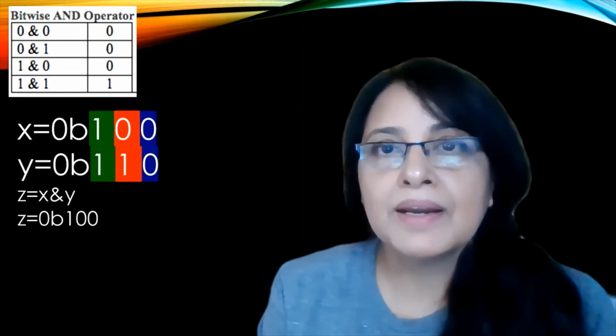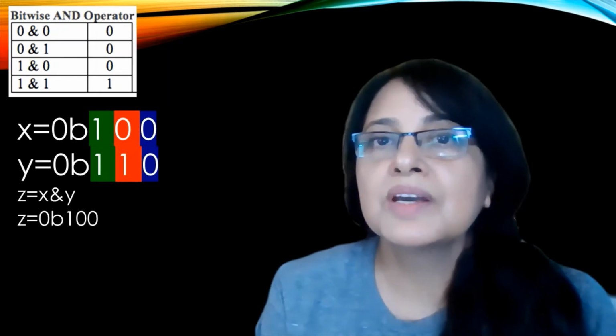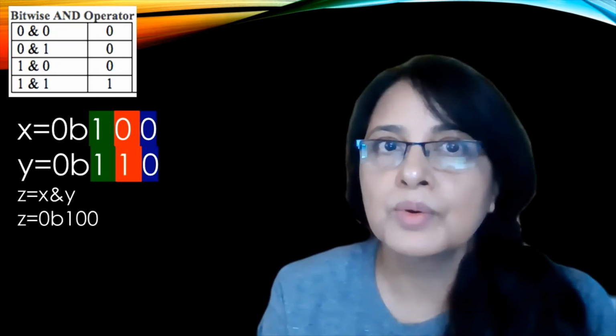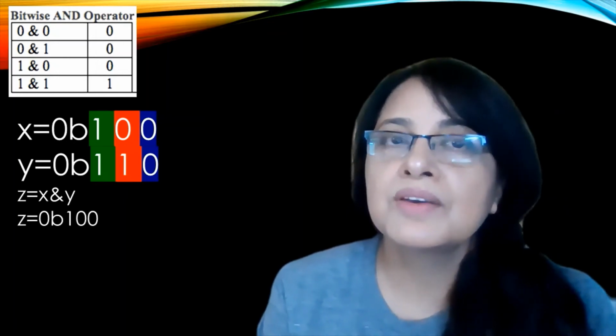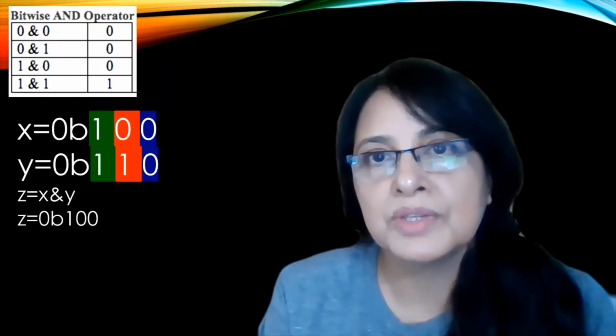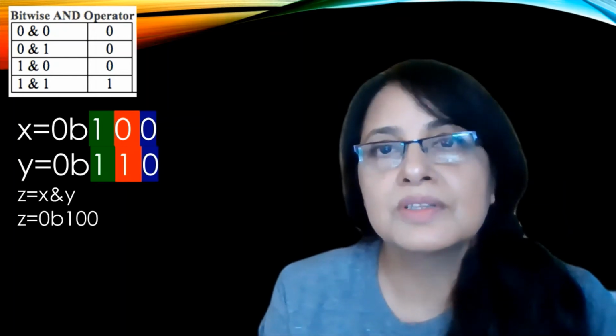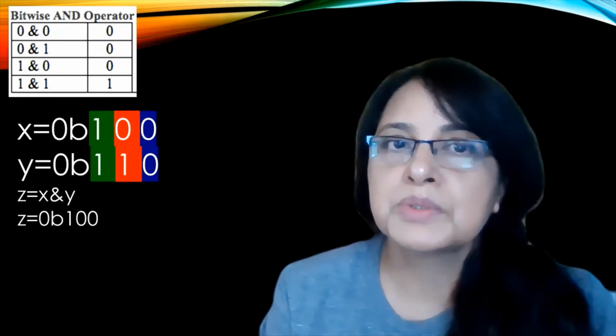So if we compare two binary numbers, we compare each bit, and if the two bits are 0, the output will be 0. If one of them is 0, the other is 1, it will still give us an output 0. If both the bits are 1, the output will be 1.